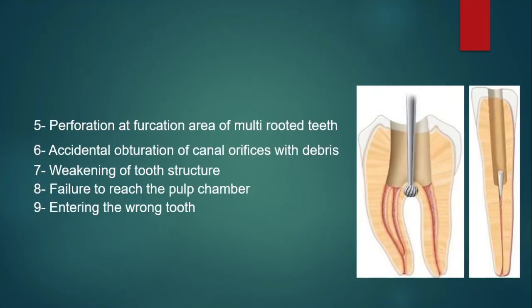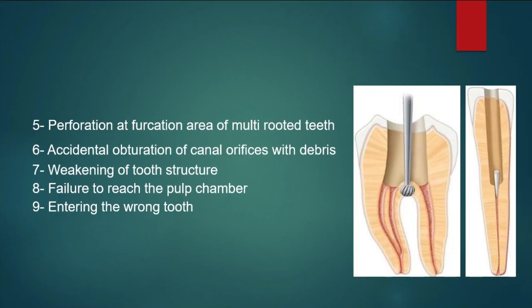Also, we may have perforation at the furcation area of multi-rooted teeth, accidental obturation of canal orifices with debris, weakening of tooth structure as we mentioned before, and failure to reach the pulp chamber. This is also possible due to misdirection.